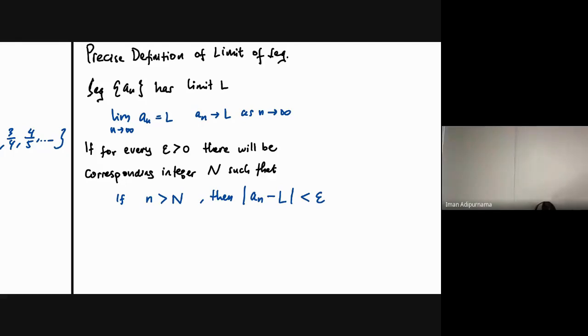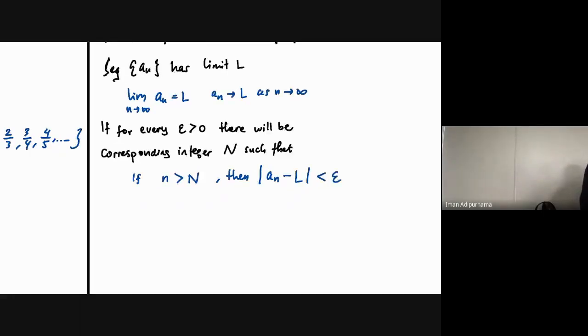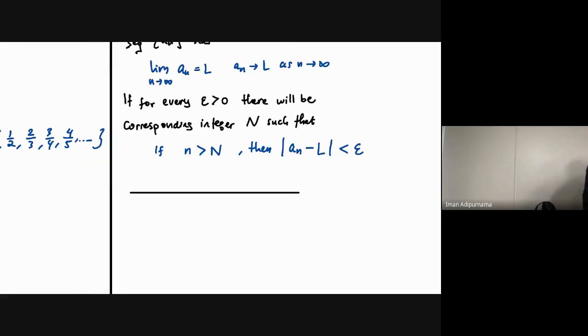And if we try to illustrate this on a line, the sequence starts from 0. Let's say it's A1, A2, A3, and let me place them randomly so that it will be more natural.